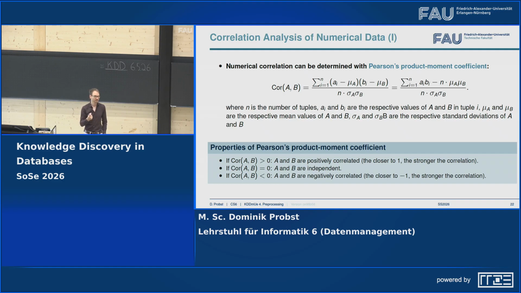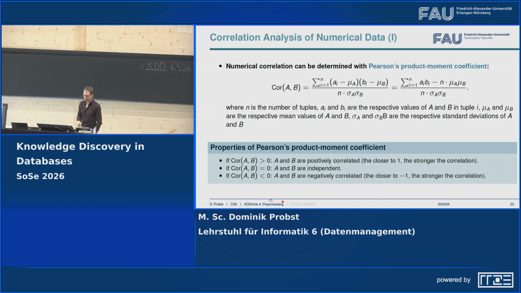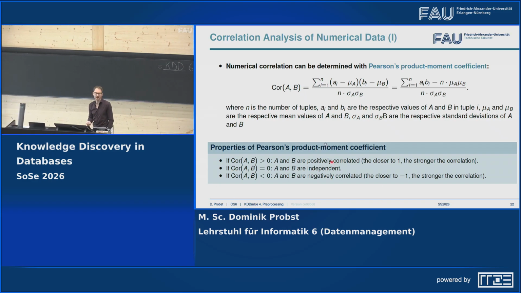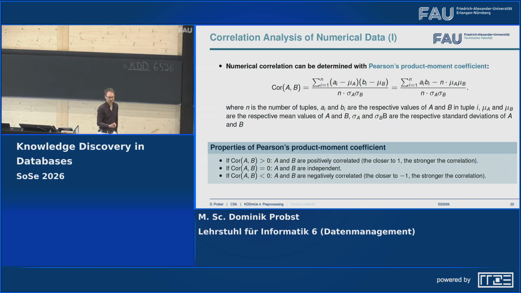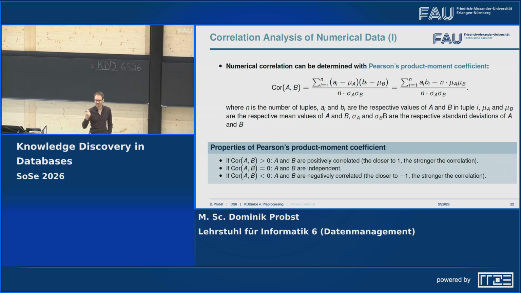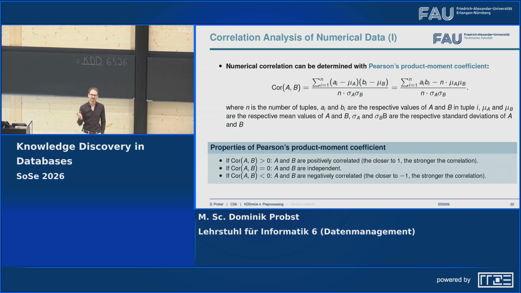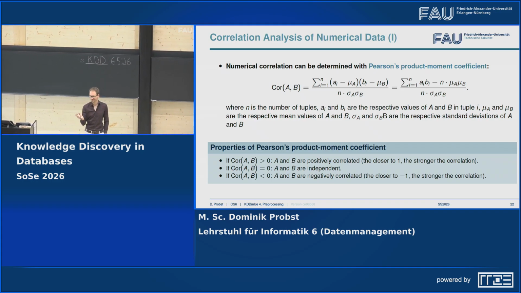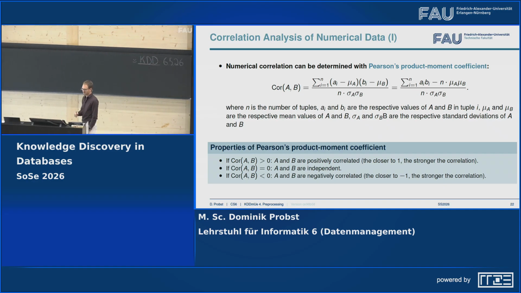If we are at 0.9, we have a very strong correlation. If we are at exactly 0, we are independent. That almost never happens. We are almost never exactly at 0, because some small correlation might always happen. You have to define the threshold where you skip one column by yourself.